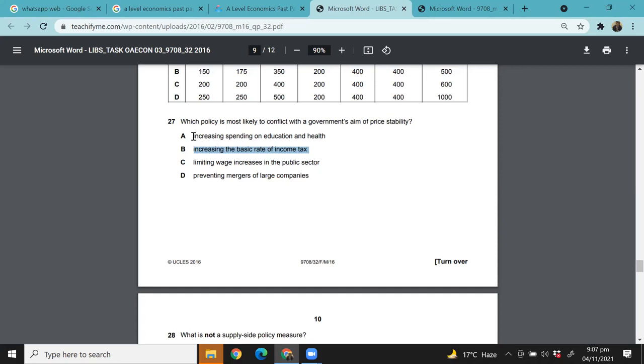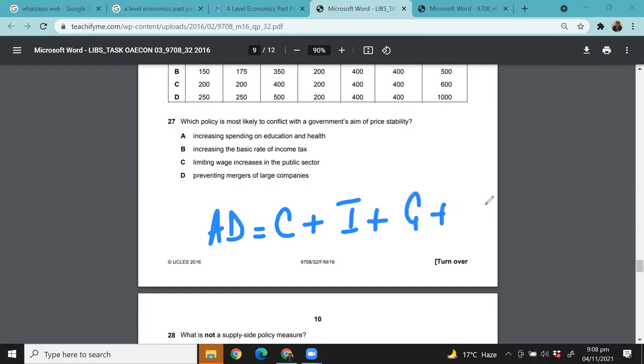And last of all is increasing the spending on education and healthcare. Now, why is that causing inflation? Think about it, students. We did talk about demand pull inflation, whenever there is an increase in aggregate demand for any reason. Aggregate demand is made up of consumption, investment, G (government spending), plus exports minus imports, right?